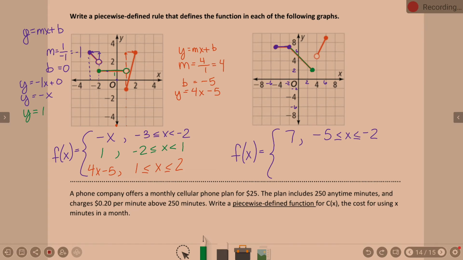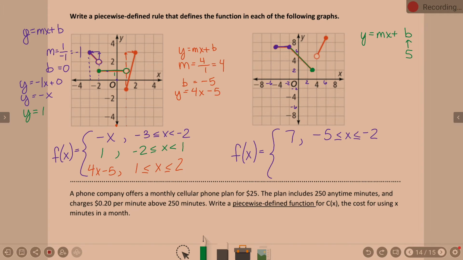Okay, green line. What do you see? We've got to go back to our y equals mx plus b. What's b? B is 5. Okay.